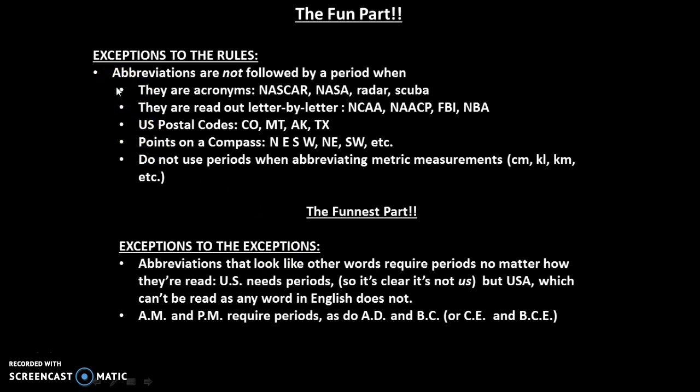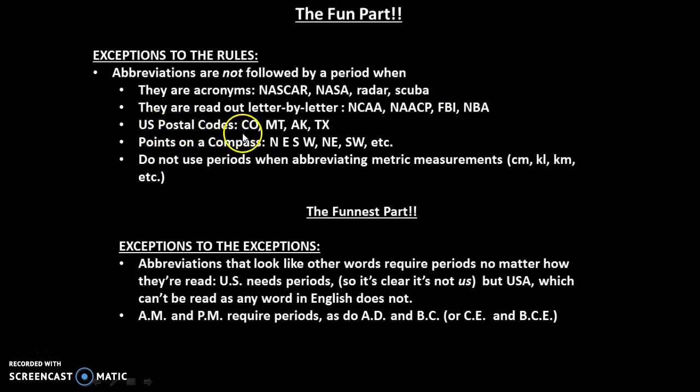Abbreviations are not followed by a period when they are acronyms like NASCAR, NASA, radar, or SCUBA. An acronym is an abbreviation that we read as if it were a word. Sometimes they are words like radar. Or if it's an abbreviation that is read out letter by letter, NCAA, NAACP, FBI, NBA.